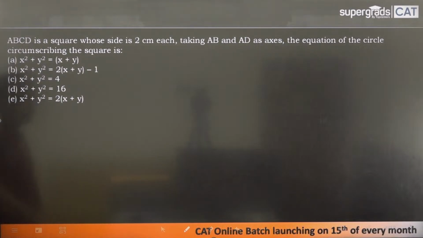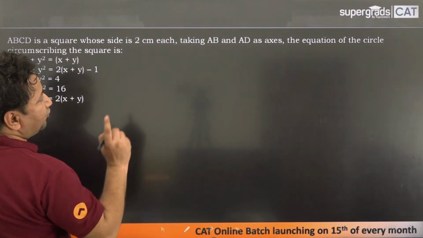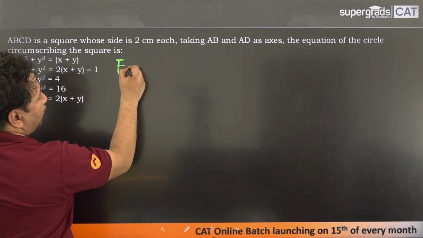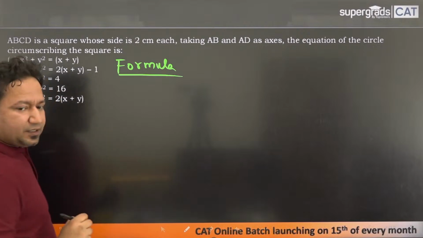So, what all things are required for this question? We need to know one formula, the formula for the equation of a circle.